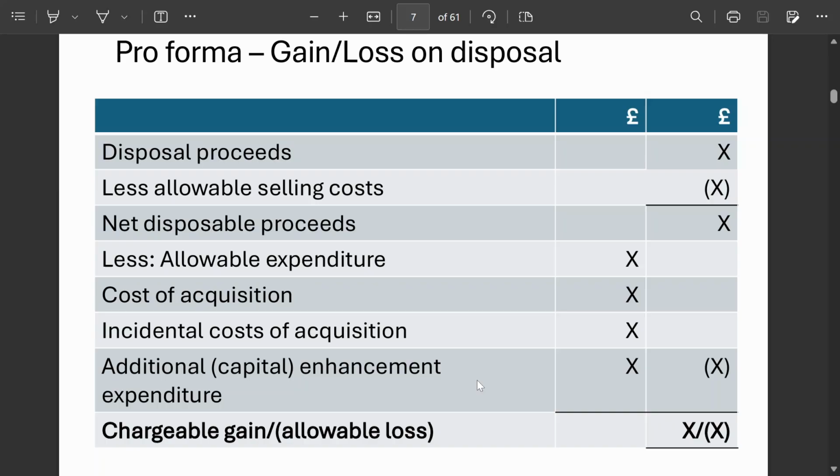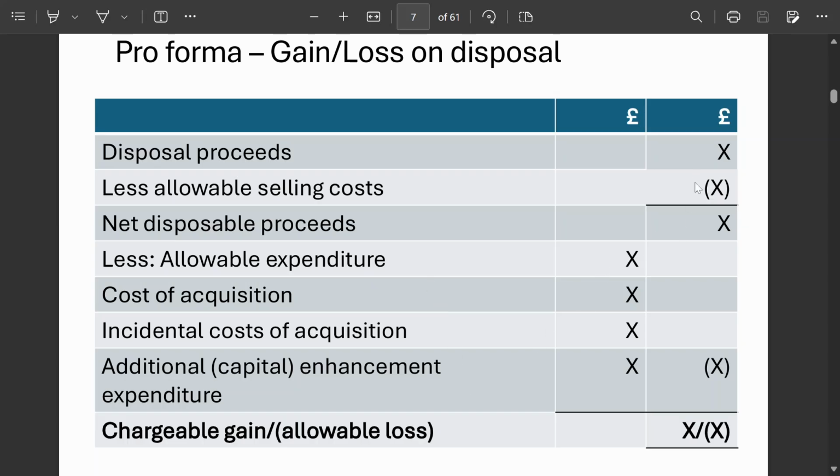So you can add it to the value or the carrying cost of that asset. And later on, if you sold that ship, that work that you did on the ship will get included. You'll get the benefit of that. How? By adding this to the allowable expenditure. Additional work done on it will also get counted as allowable expenditure. So all these things will be deducted.